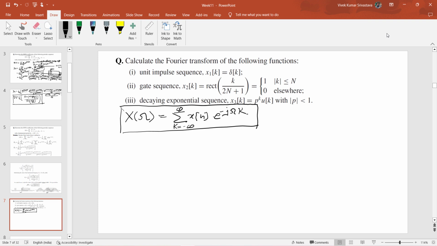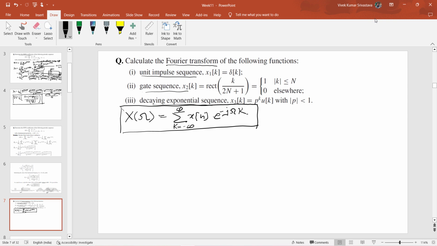Like in the previous problem we have seen how to evaluate the Fourier series coefficient corresponding to a periodic sequence, whereas the discrete time Fourier transform is evaluated only for non-periodic sequences. But later we will also see that the Fourier transform can also be used for discrete time sequences which are periodic in nature.